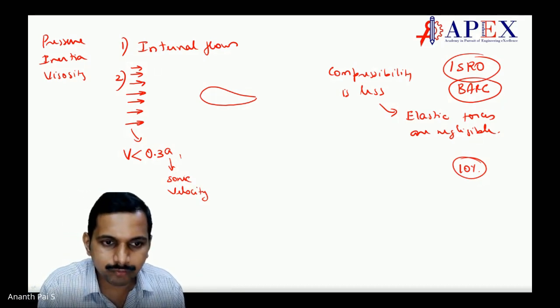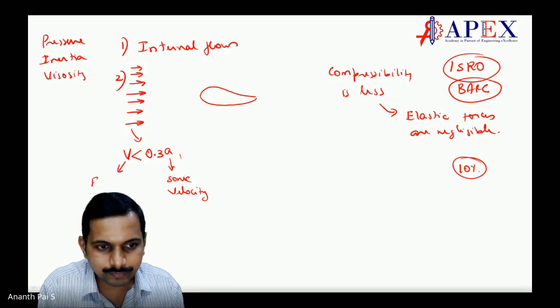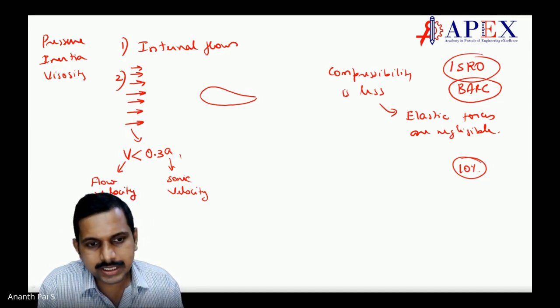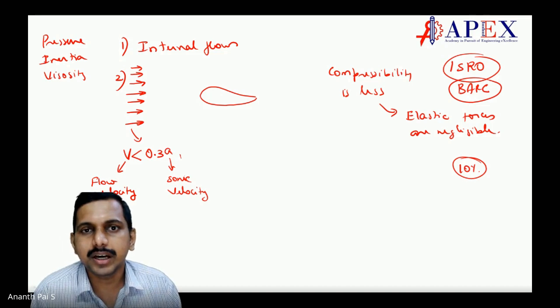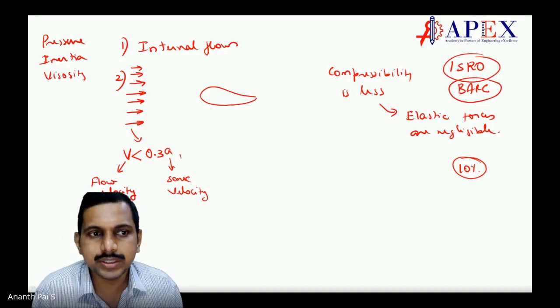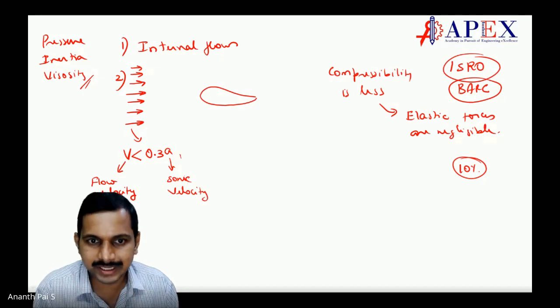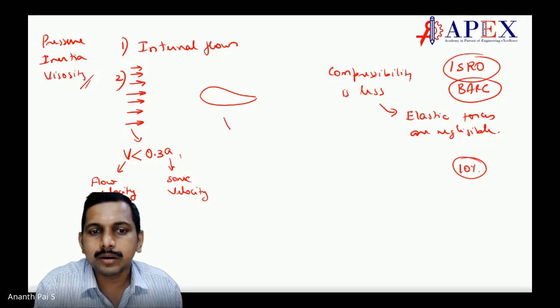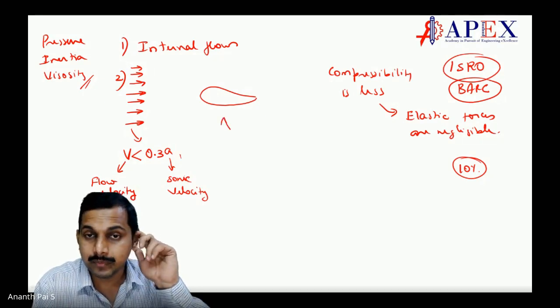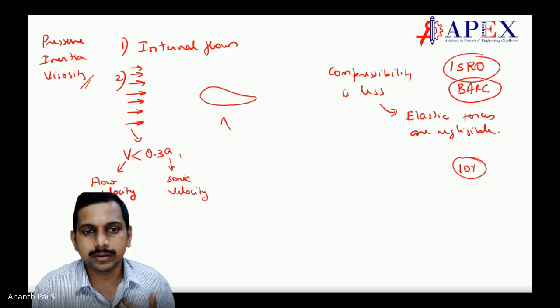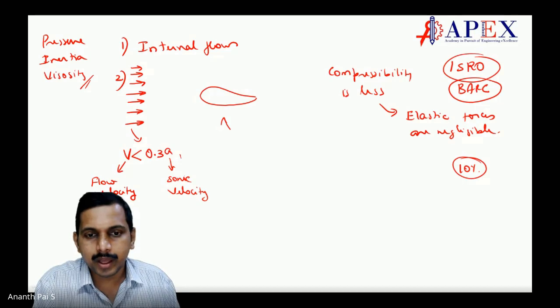So, the flow velocity. In these cases, we can use the Reynolds number and Euler number alone. For example, if you are analyzing automobiles, drag in automobiles.